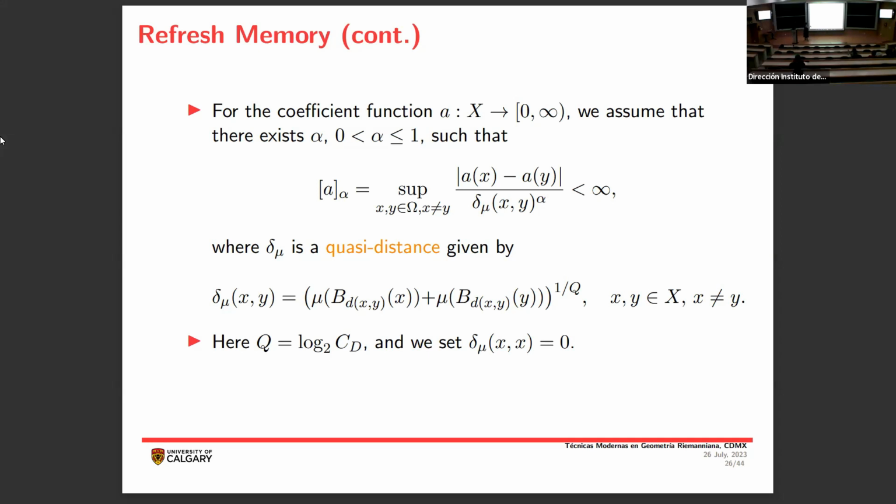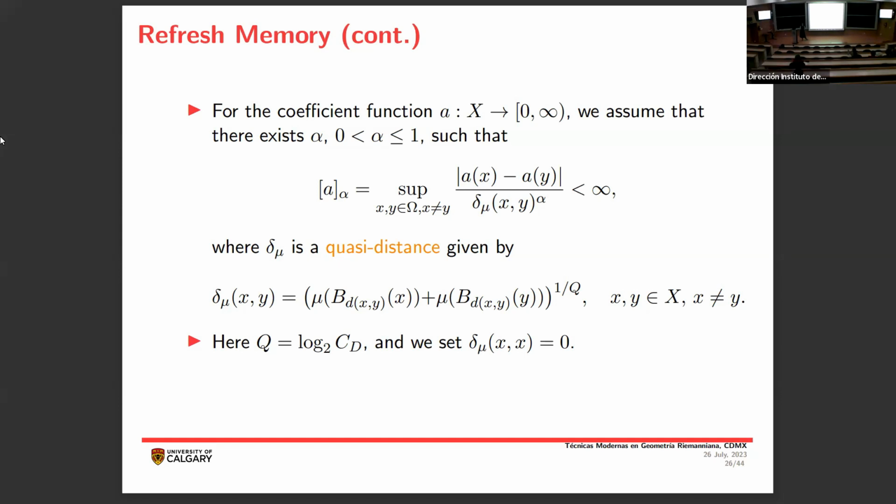We're going to assume that this norm is finite. And I say norm like this because notice that in the denominator of this quotient, we are not working with the distance of our space. We are working with a quasi-distance. And this quasi-distance is given in terms of the measure and the original distance of our space.